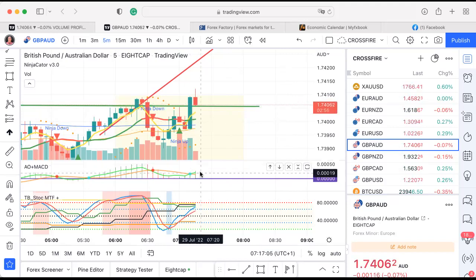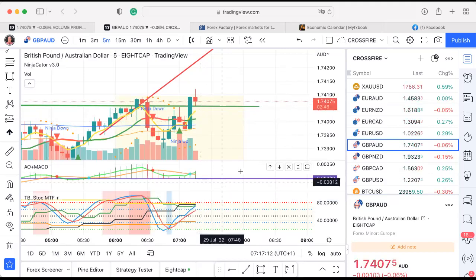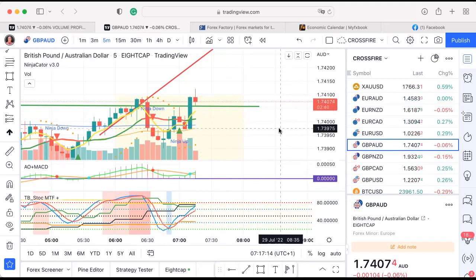The green is on top. On the 5 minute, stochastic is still heading upwards. Right, I'm going to wait till the end of this candle. Then I'm going to call a halt.